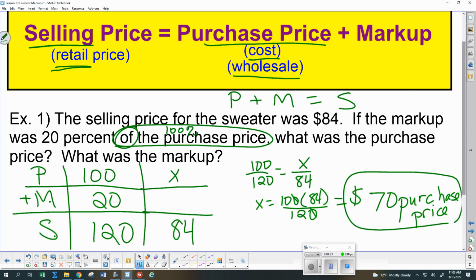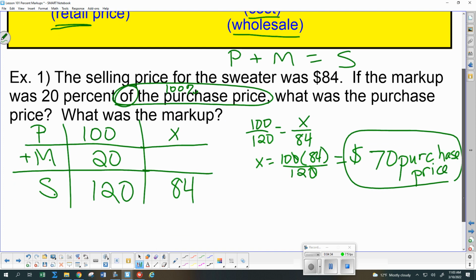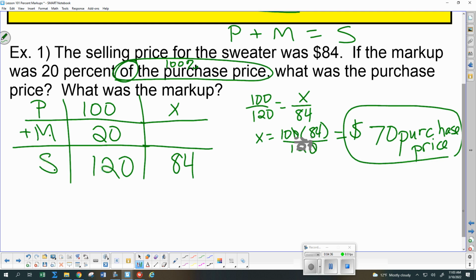Yes, it's a little clearer to label it with the same words as in the problem, but it would be synonymous. I'm going to get to a second way in a few minutes. I want to finish it with the ratio box first.